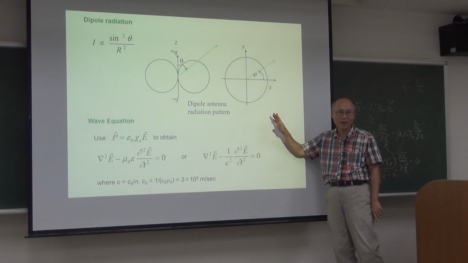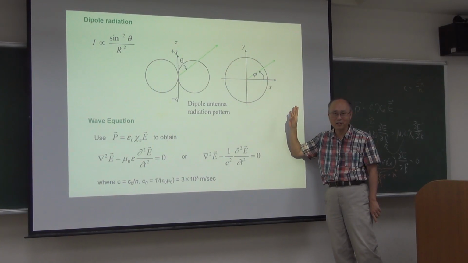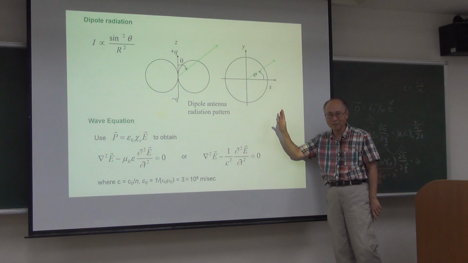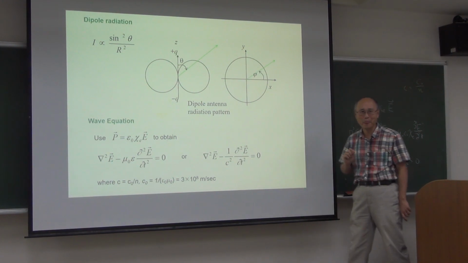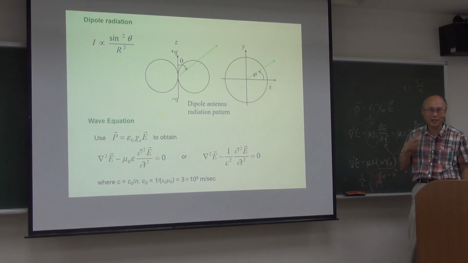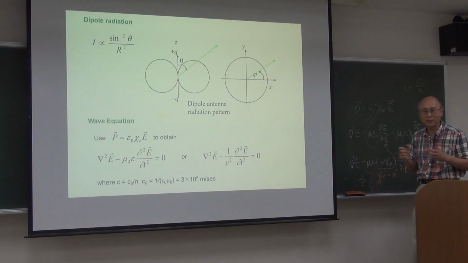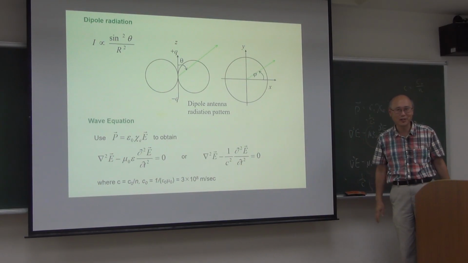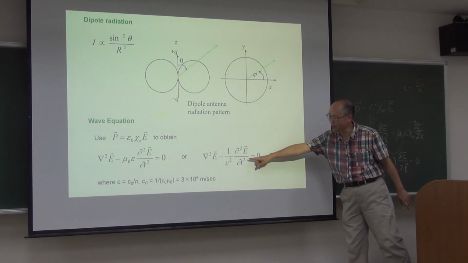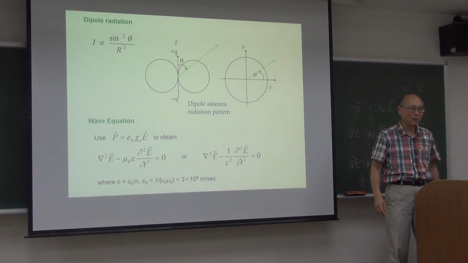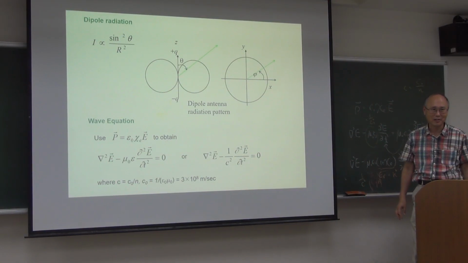But the net effect is that the propagation speed of the wave becomes slower. Because it takes some time to excite the dipole, and it takes some time for the dipole to produce radiation. So the propagation speed of the wave inside material is slowed down.